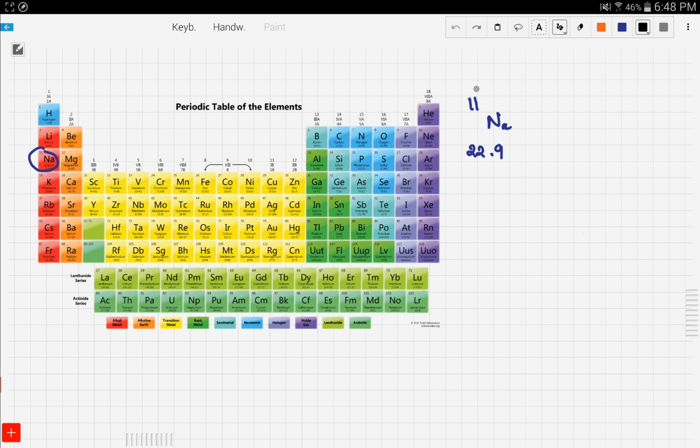Well, the number 11 is the atomic number of sodium, and the 22.9 is the atomic mass of sodium. Now, what does that mean? And how can we relate this to electrons, protons, and all that science fiction stuff?